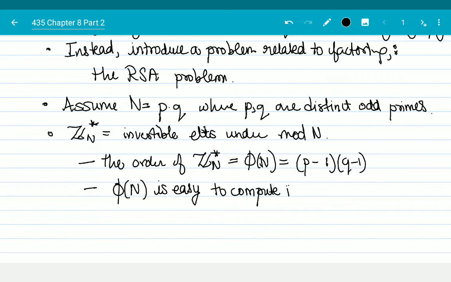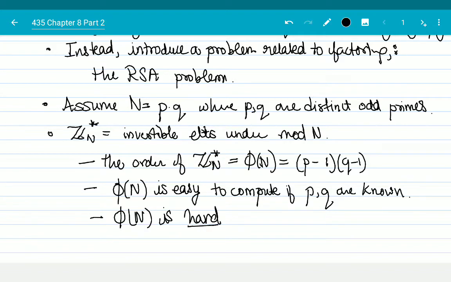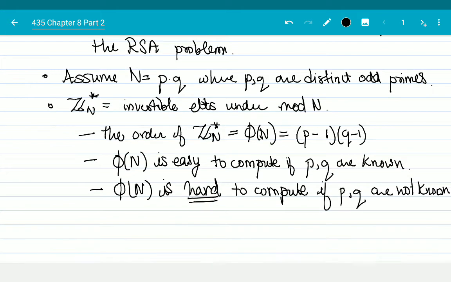Phi n is easy to compute if p and q are known. However, phi n is hard to compute if p and q are not known, and the reason is it is equivalent to factoring n.